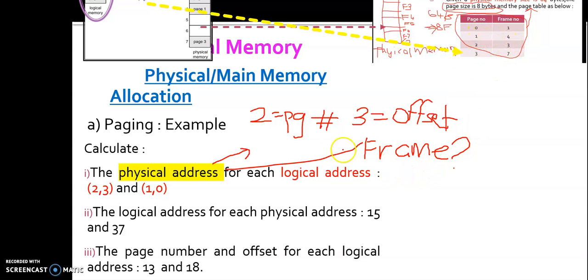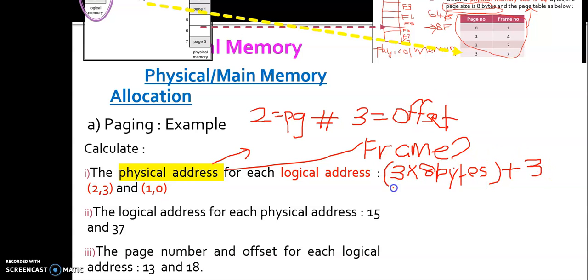So page 2 equals frame number 3, multiplied by the page size or frame size. The page size is 8 bytes, plus your offset value, plus 3.